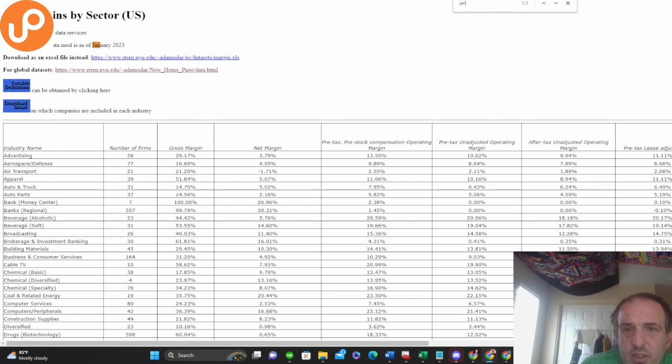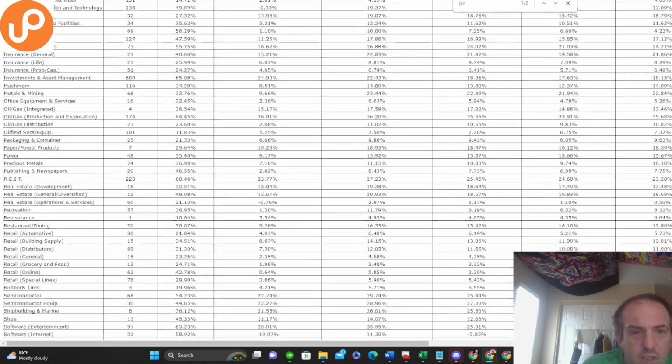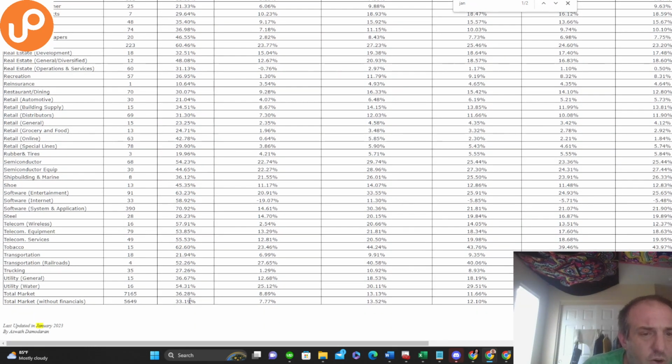Another asset I like to use is this. Realistically, as a whole, the market averages a 36% gross profit margin and a 9% net profit margin. But when you look at the range, there's some negative numbers in here. Here you've got a profit of negative 20.